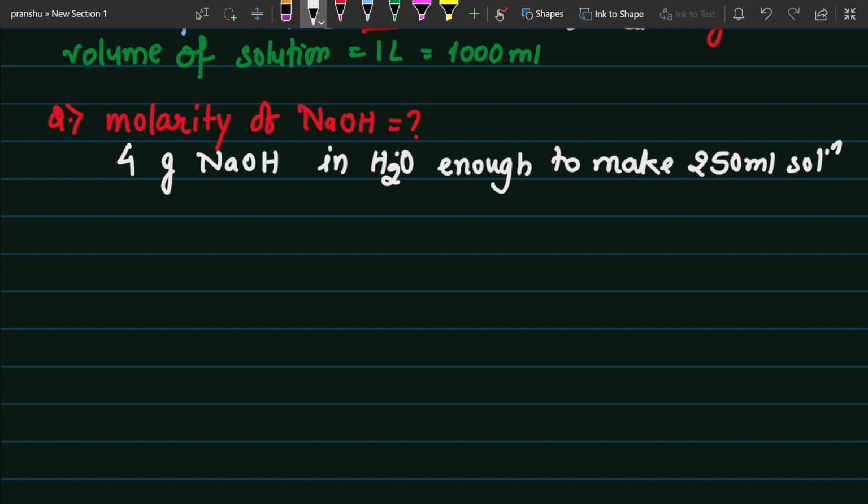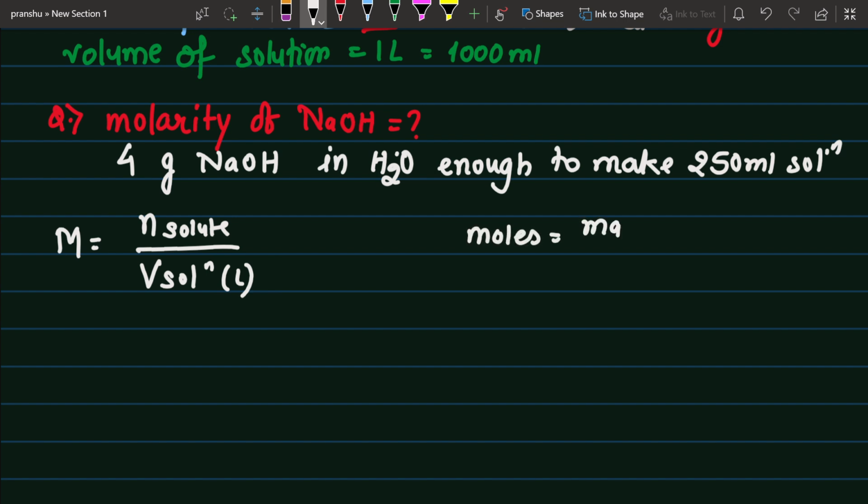As we know, the formula of molarity is moles of solute divided by volume of solution in liter. Now mole is equal to mass divided by molar mass.